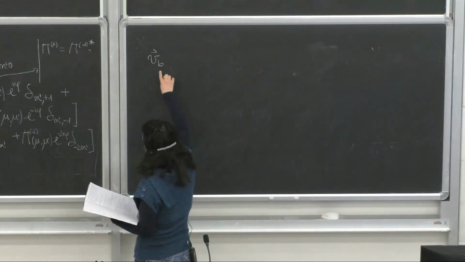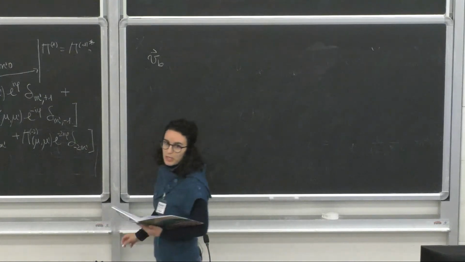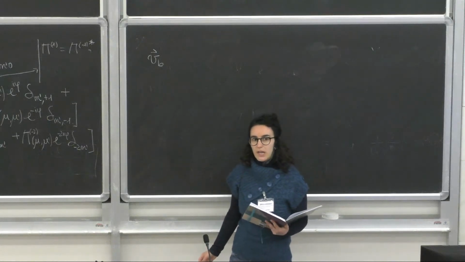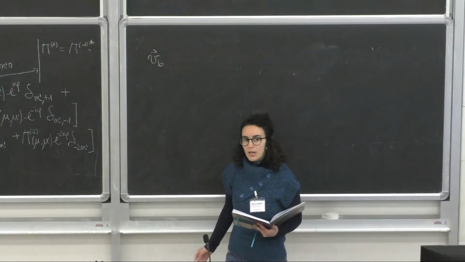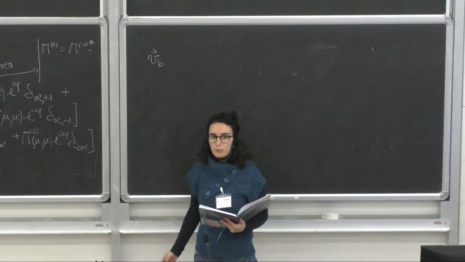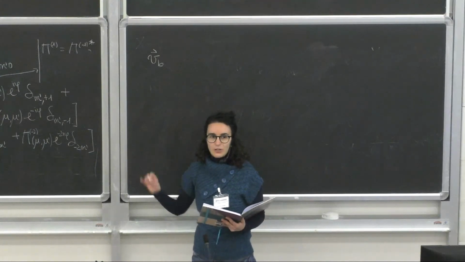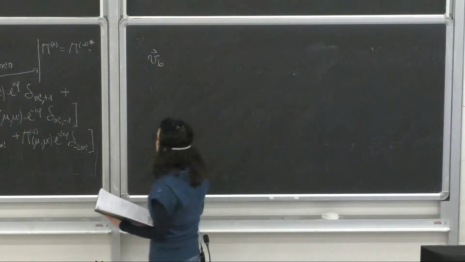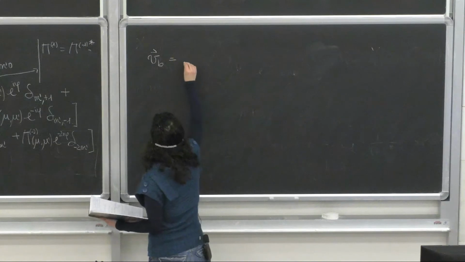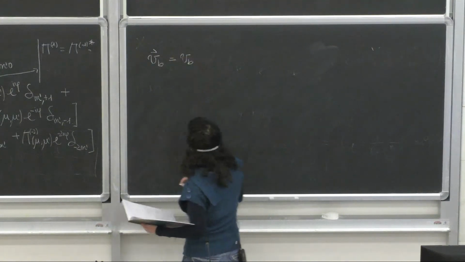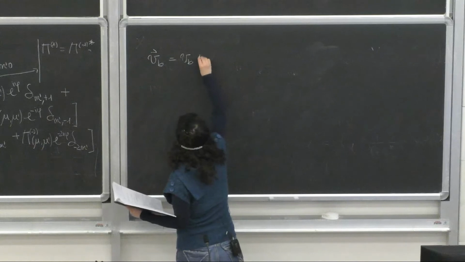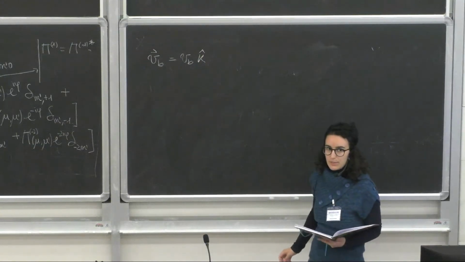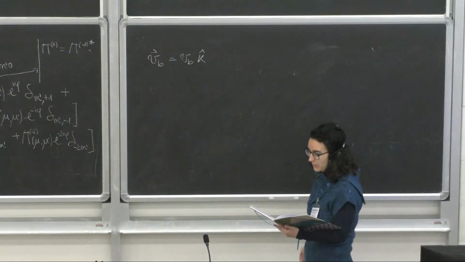And of this VB, for our treatment, we only need to retain the component that is aligned with the k direction, so with the Fourier mode direction that we consider. So we can write VB as the magnitude of the velocity with the direction that is specified by the k mode.